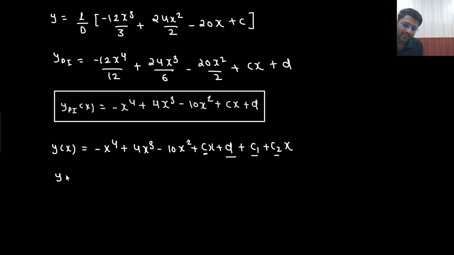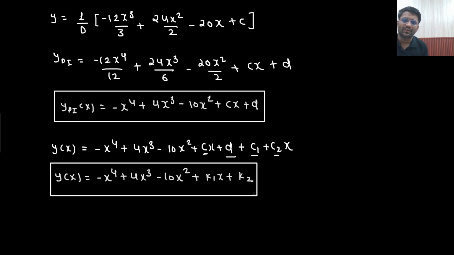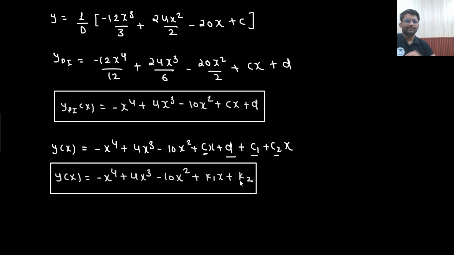So eventually, y of x is coming out to be minus x to the power 4 plus 4x to the power 3 minus 10x square plus some constant k1 x plus another constant k2. Do you understand this point or not? This is the value of yx you are getting. Understandable? This is my yx.